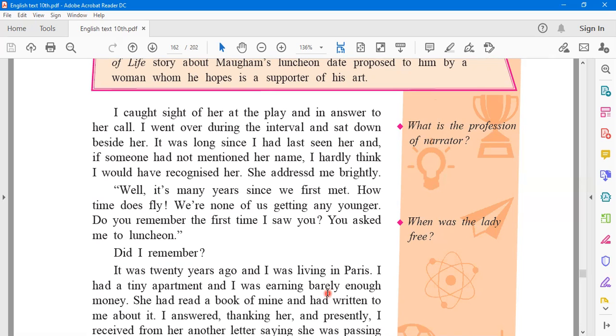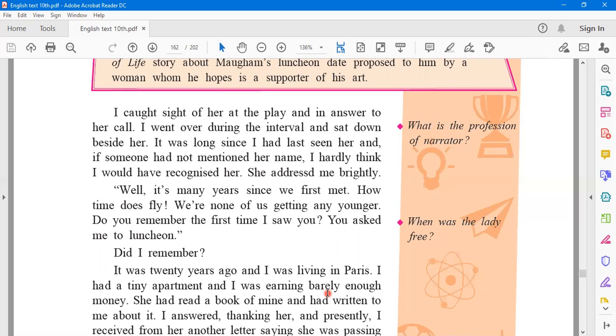It's the lady guest asking the author. You asked me to luncheon. Again, the lady guest is talking to the author. Now, there can be some other small questions related to vocabulary, friendly chat. Friendly talk is chat.